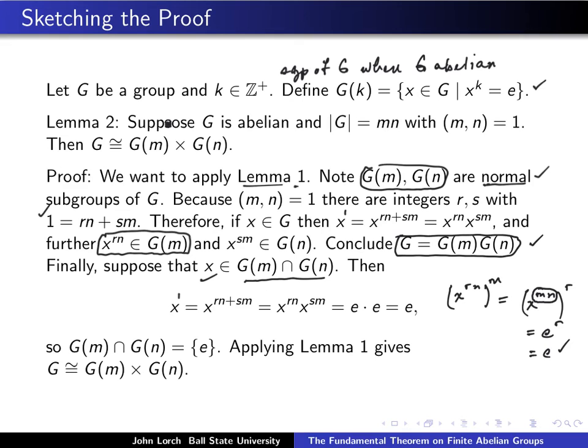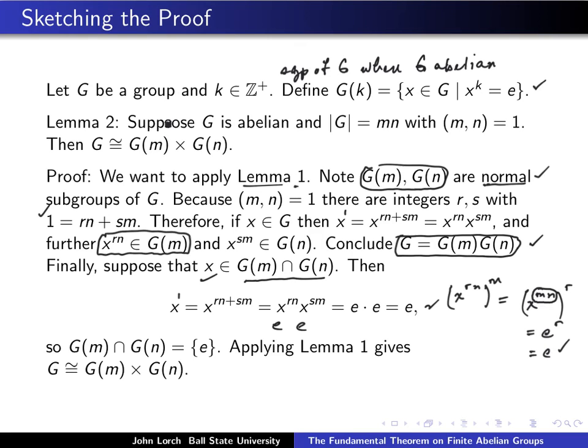So x to the first is x to the rn plus sm. You break it up like this. If x is in G of n, then this is the identity. And because x is in G of m, this is the identity. And so that means anything in the intersection must just be the identity.